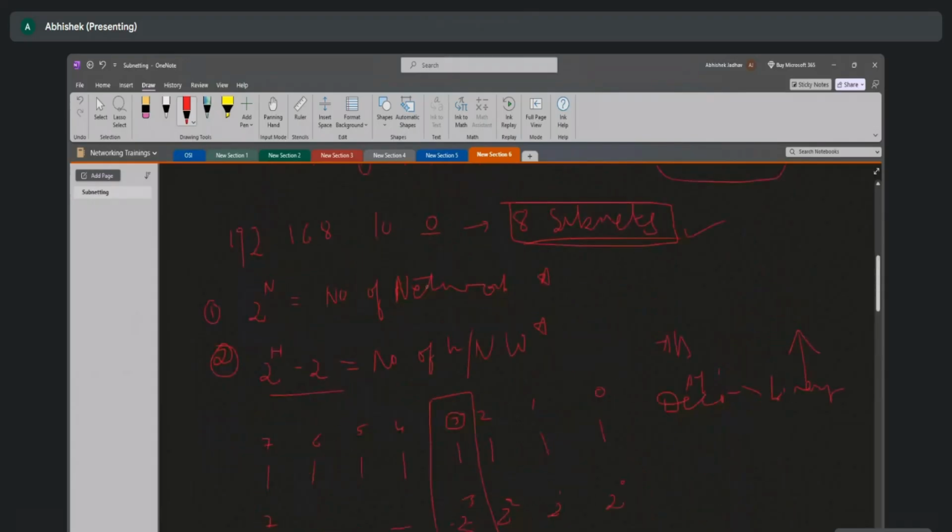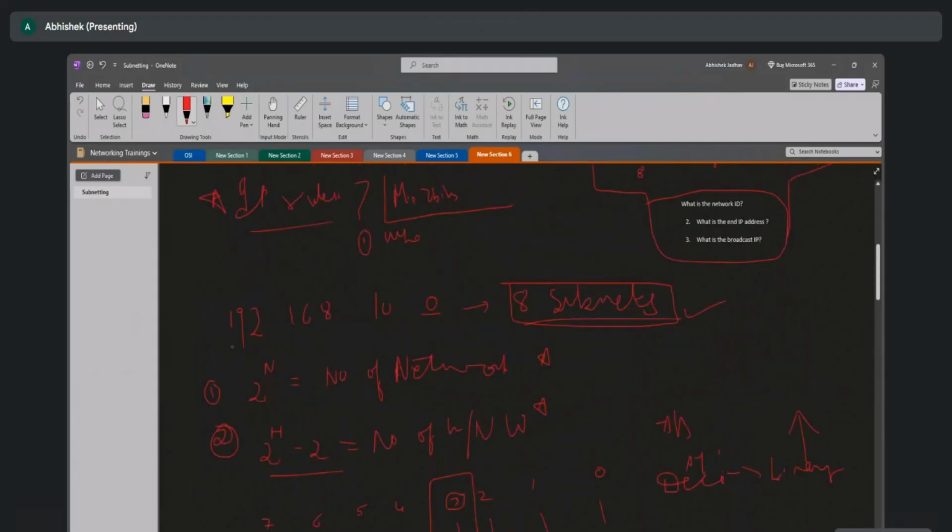The question we have been asked here is: 192.168.10.0, create 8 subnets. This is the question. They have asked us to create 8 subnets. They did not say that the subnet mask is 8. Okay, got it, sir. Now you have asked me this question, right? You tell me, is this logically valid? No, that is what I am thinking.